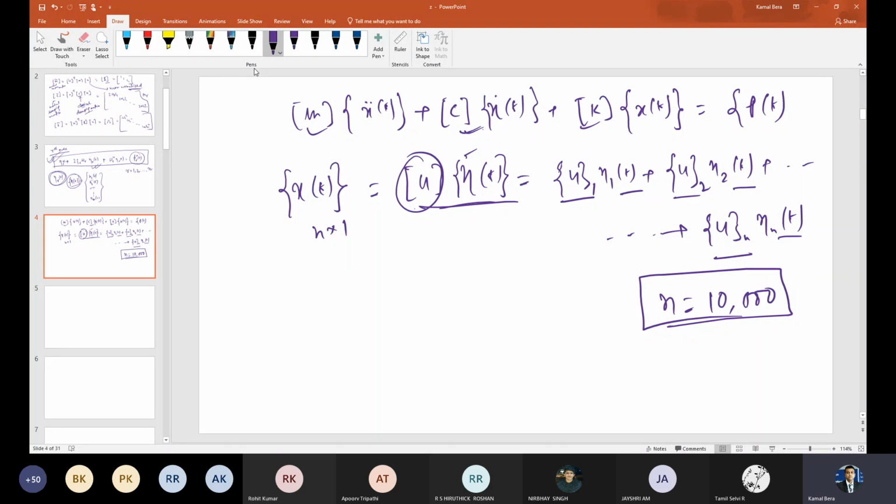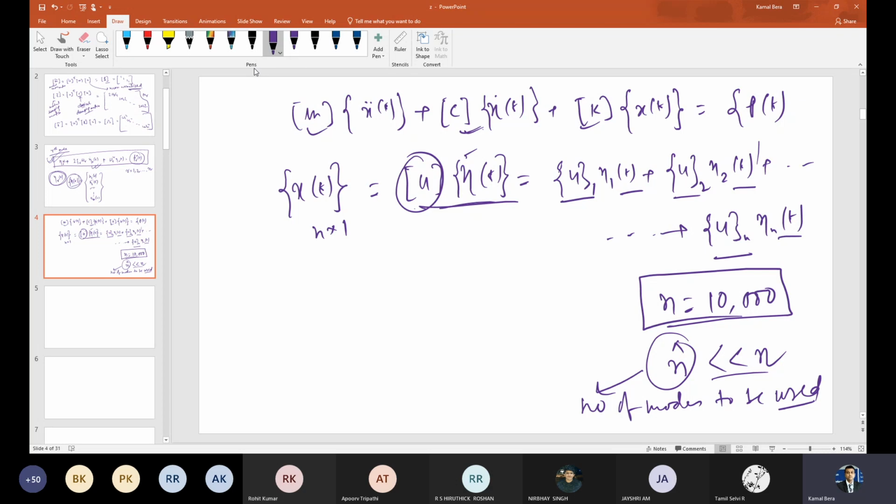So let us say I want to truncate somewhere here. Let's say I want to use the first 2 modes or 10 modes. Let the number of modes I want to use be n hat, which is less than n. This is the number of modes to be used in my modal analysis, which is much less than n. Let's say it is 100.